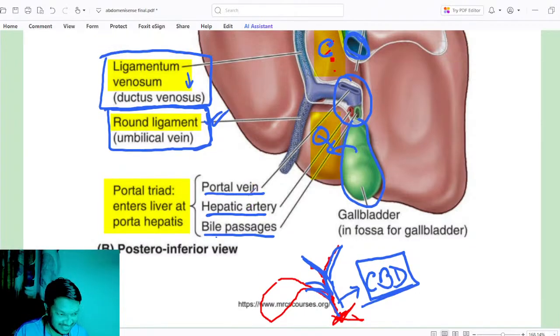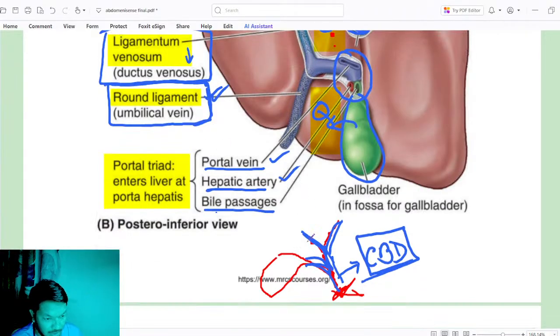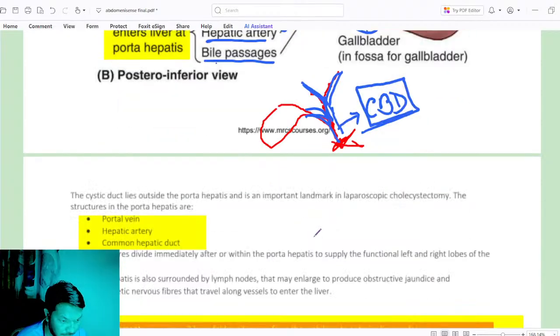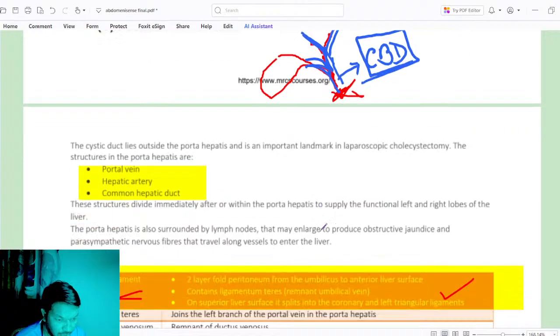Okay, so portal triad, we have hepatic artery, portal vein, and bile duct. See, they are saying it common hepatic duct.